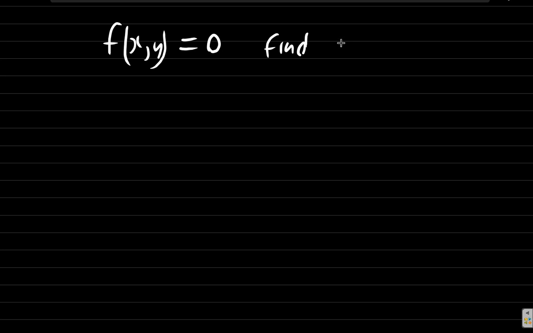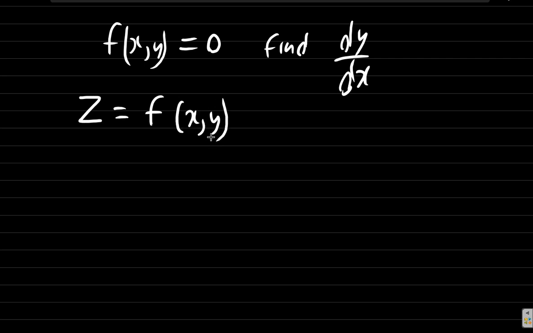You need to find out what is dy by dx. How do you deal with that? Well, let's say you're going to use partial derivatives to do it. Use partial differentiation. Say z is equal to a function of x and y.